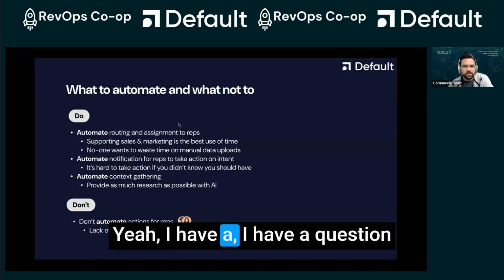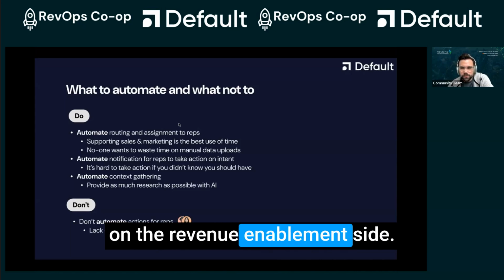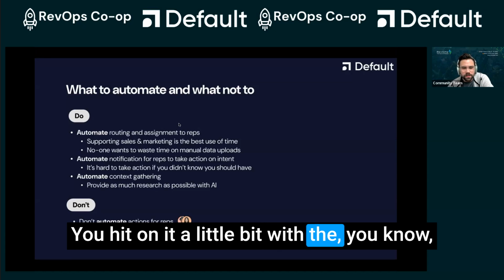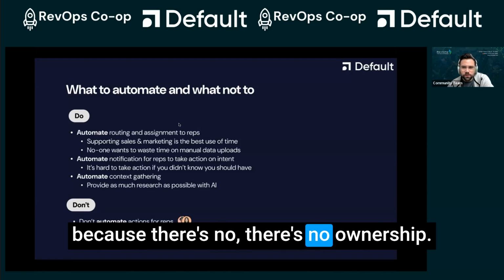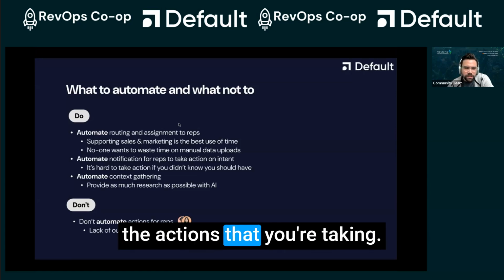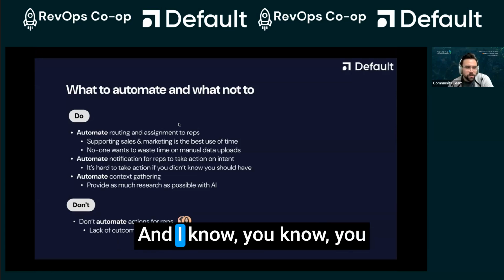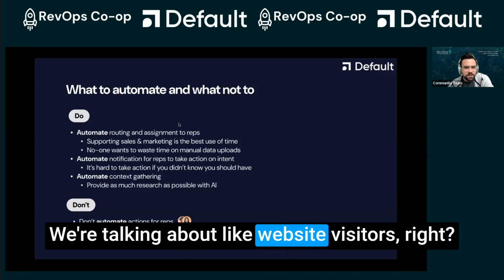Yeah, I have a question for you all, and this is maybe more on the revenue enablement side. You hit on it a little bit with not automating the actions for your team because there's no ownership. So this question is more on the actions that you're taking. When you think about intent signals, we're talking about website visitors, right?